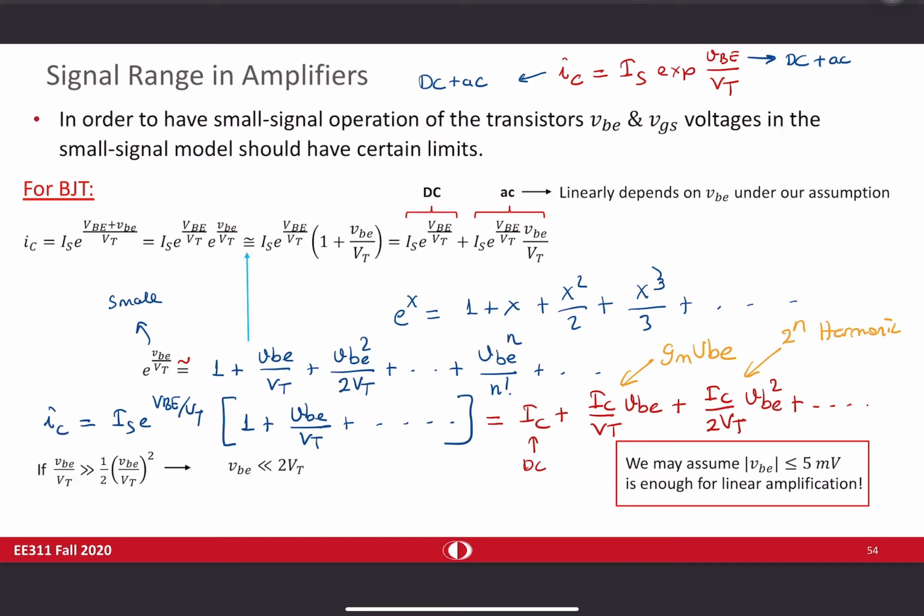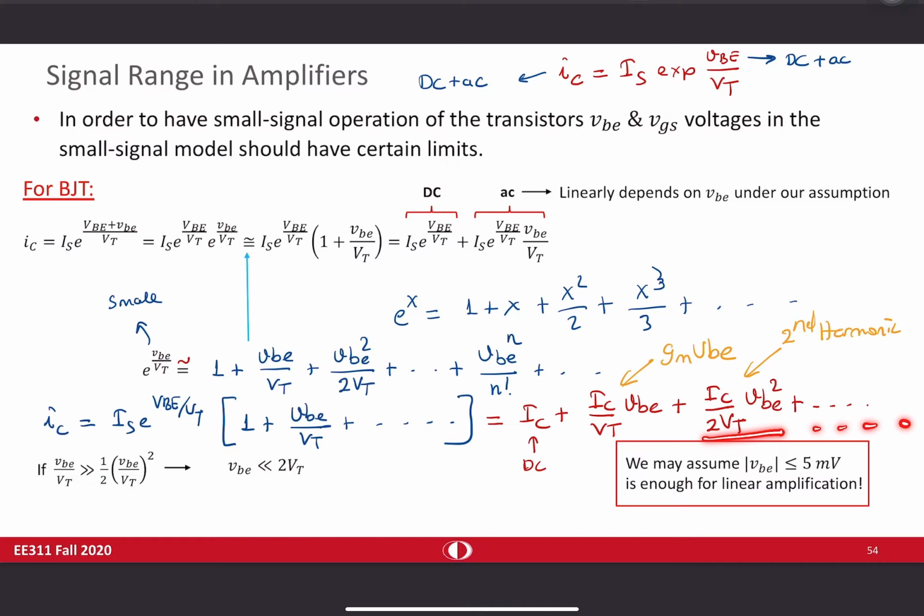In that case, this term will be at the same frequency, but the second one is sine squared, so you start seeing some undesired components. So this introduces the second harmonic. And the others are the other harmonics, but the good news is this term is definitely larger than this one, and this one will be definitely larger than the other one because VBE is less than 1.